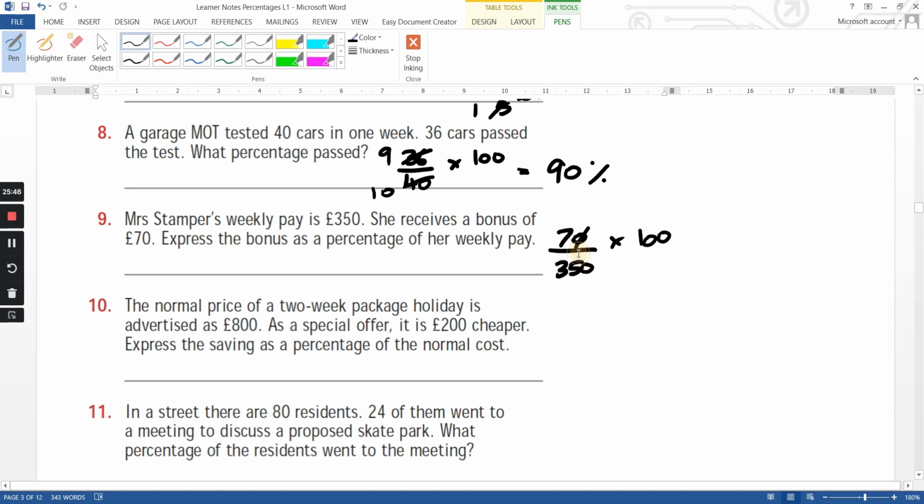Well, let's cancel the zeros first, and now you can see 7 goes into 7 once, 7 goes into 35 5 times, and then again simplified diagonally, 5 goes into that once, 5 goes into that 20 times, so it's 20%.